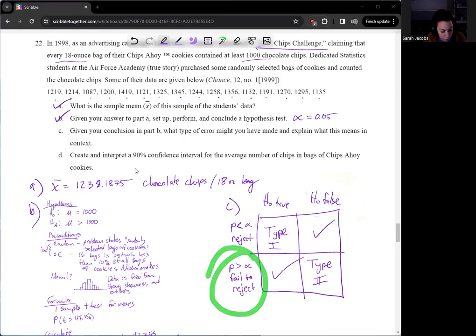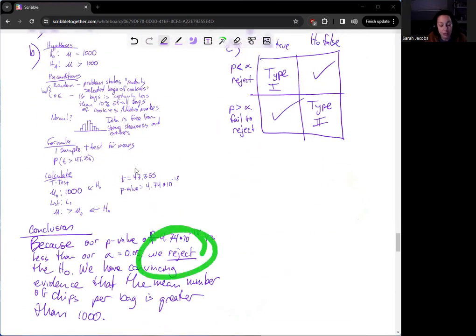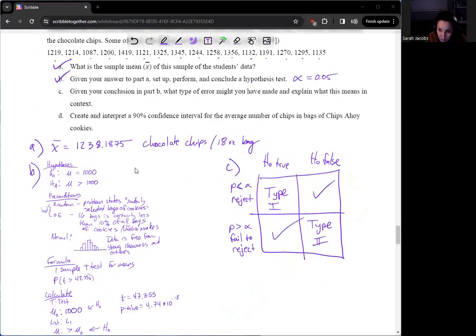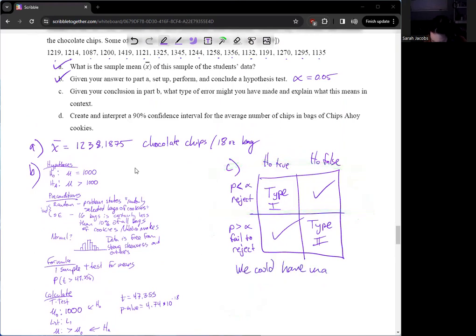We were just too close to the null. Okay, cool. So because we rejected, the only type of error we could make is a type 1 error. So we could have made a type 1 error.